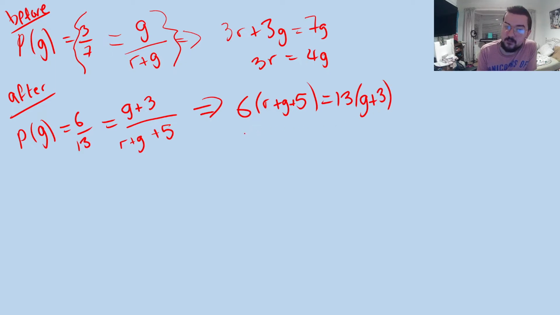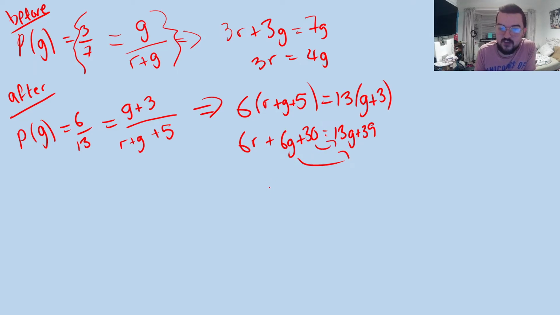We expand. 6R plus 6G plus 30 equals 13G plus 39, and then we just tidy it up. We take the 6G off both sides, we take the 30 off both sides, so we're left with 6R equals 7G plus 9.